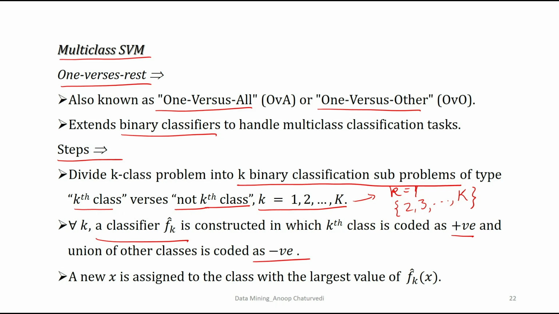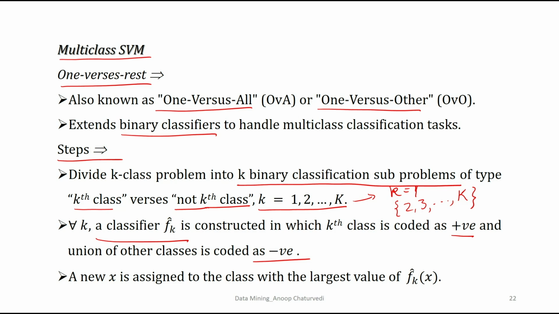So, basically we have converted the K class problem into a 2 class problem, kth class versus not kth class. You have taken data points of the kth class into one class and the data points of all the classes other than the kth class into the other class.